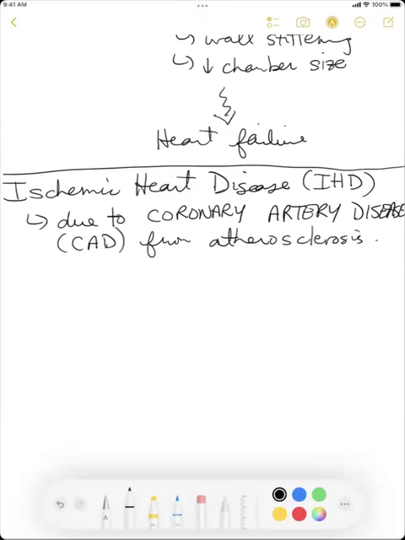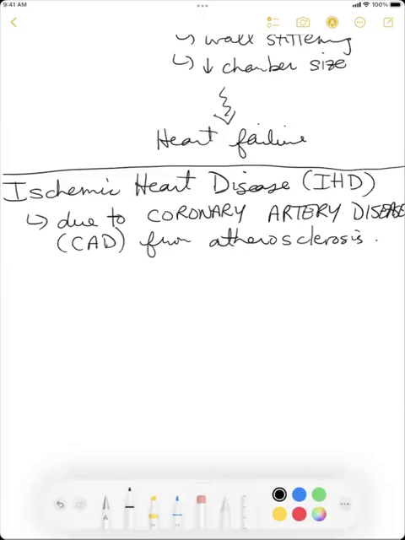The problem with the heart is that every branch of the coronary arteries, whichever branch you're looking at, the area of heart muscle that coronary branch supplies is only supplied by that artery. There's no alternate blood flow. So if you block off that artery, that piece of heart muscle will die. And that's what is going to lead to that ischemia, that reduced oxygenated blood flow to the heart.